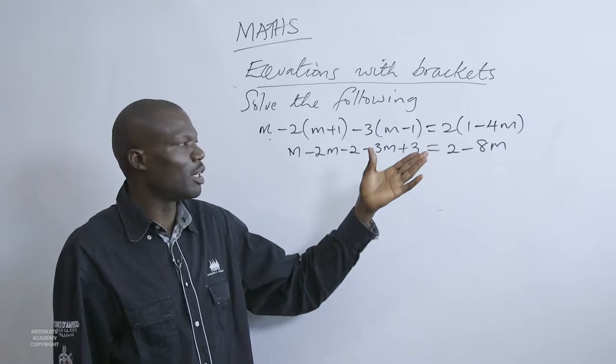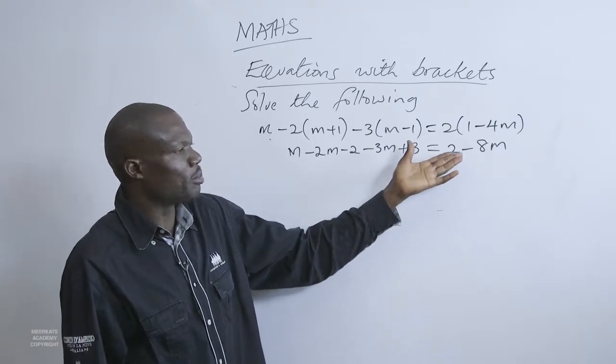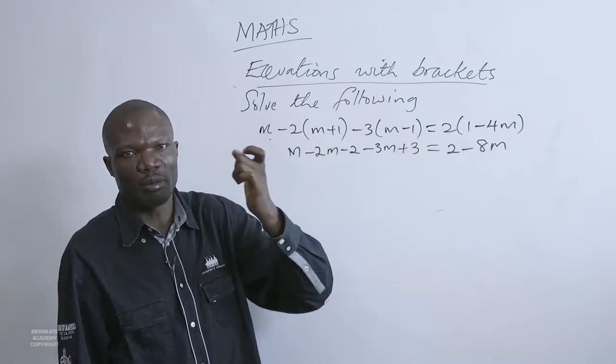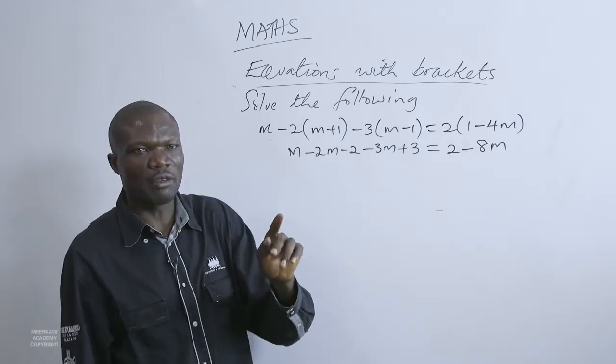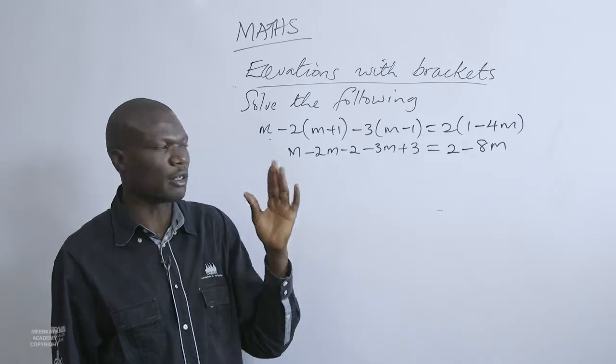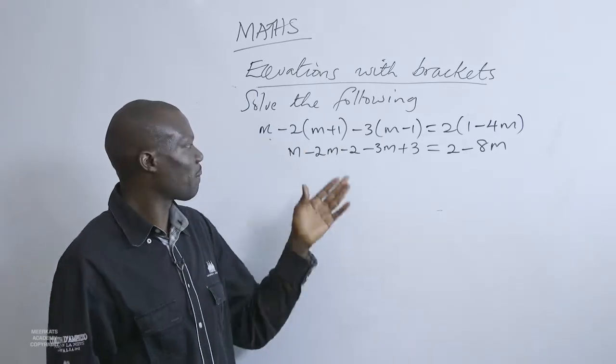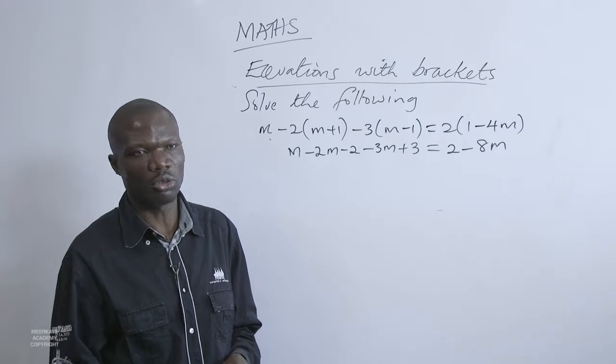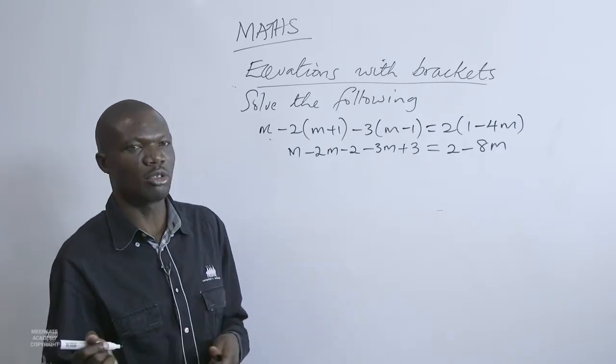We have simply expanded where we had the brackets. The next step, we start collecting or bringing together the like terms. And what are the like terms here? We have m running all through. Let us collect them and see how to move on.